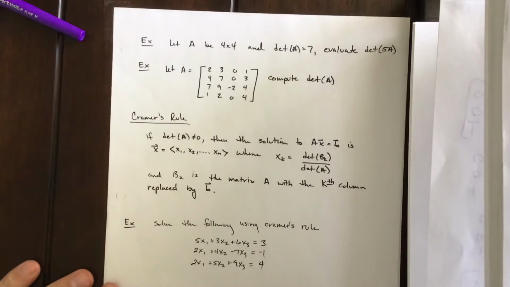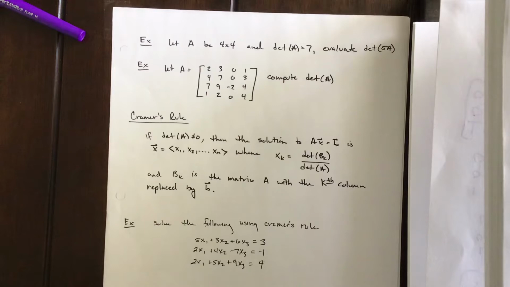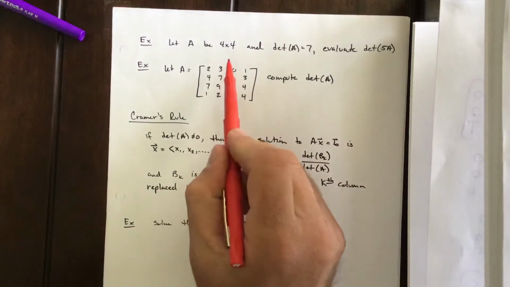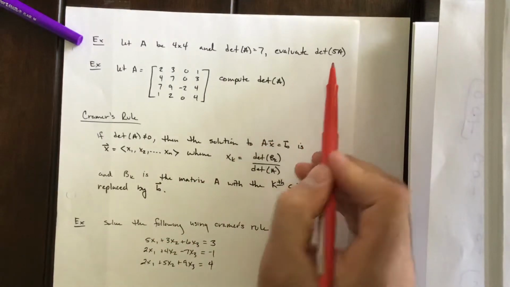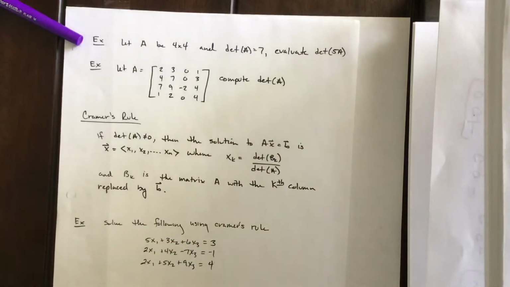This is the last page I want us to look at. A is a 4x4 matrix, sorry. The determinant of A is 7. What is the determinant of 5 times A?